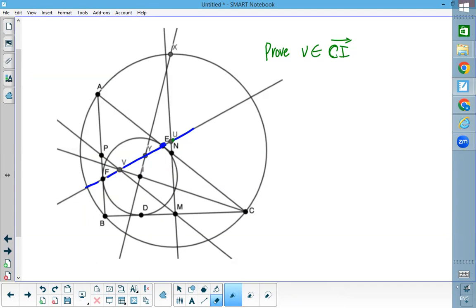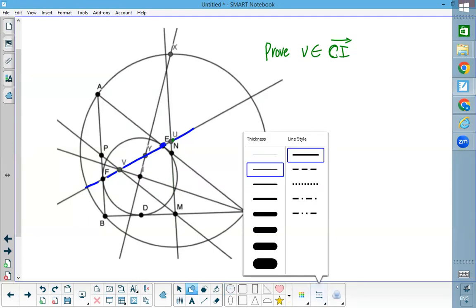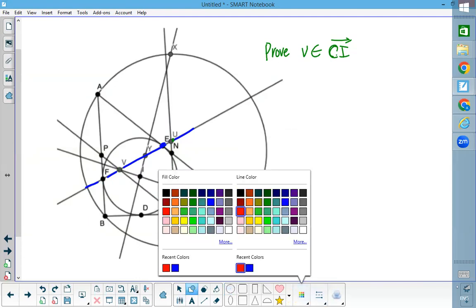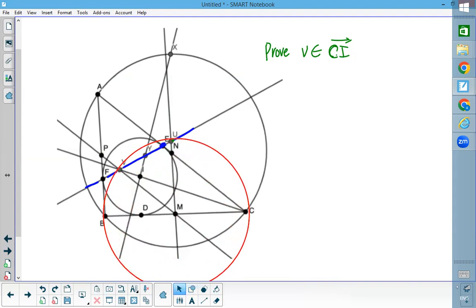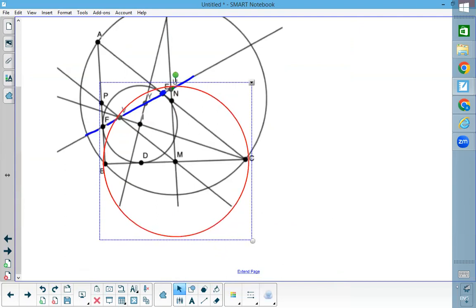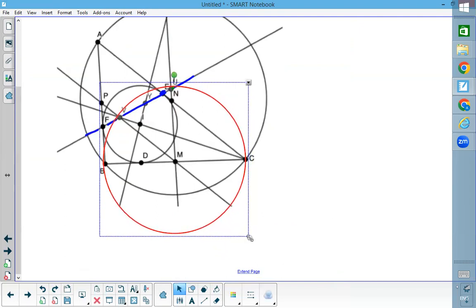The one that we actually use is this one here. I'm going to draw it in red. This is the one that we're going to draw.